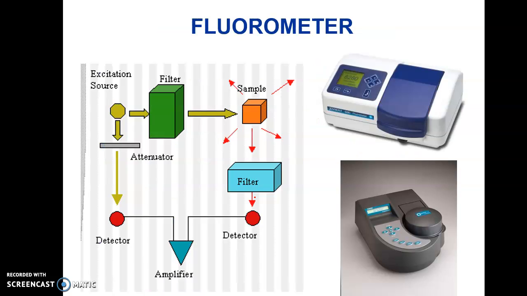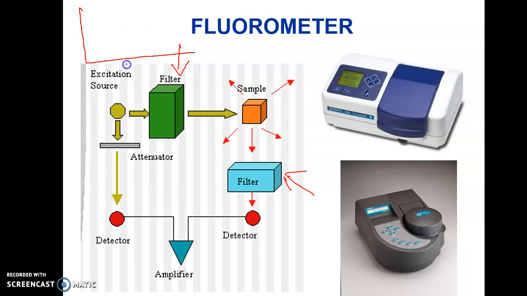Let us see the instrumental part of the fluorometer. Basically, it is almost the same as ultraviolet visible spectroscopy, except it has two sets of filters. What kind of filters and why are there two filters? Remember the spectrum.